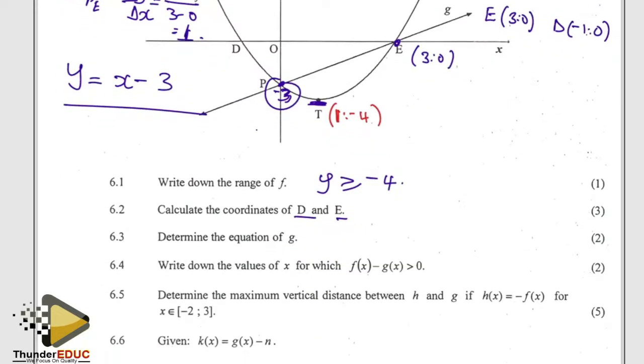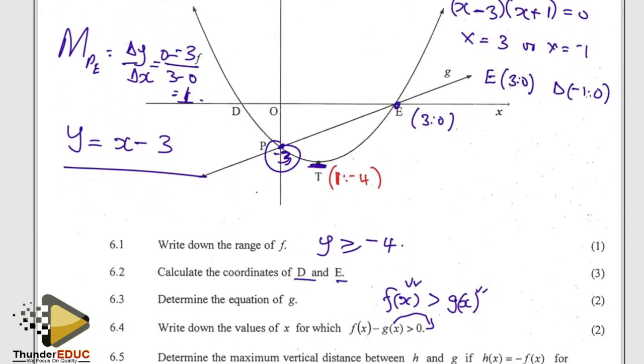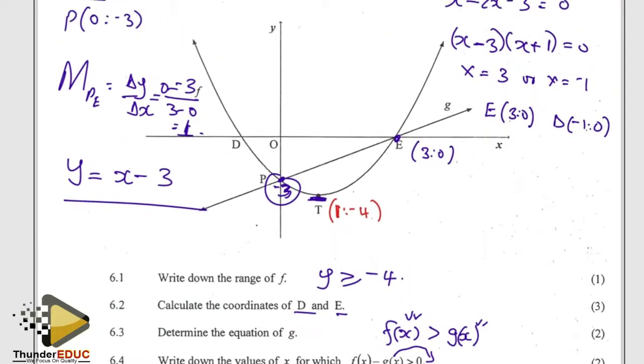Okay, and then write down the values of x for which f of x minus g of x is greater than 0. So I'm going to move this g of x that side so that f of x is greater than g of x. It's quicker this way. Okay, so what this means is, where do I find the graph of f to be above the graph of g? Where is f? This is f.